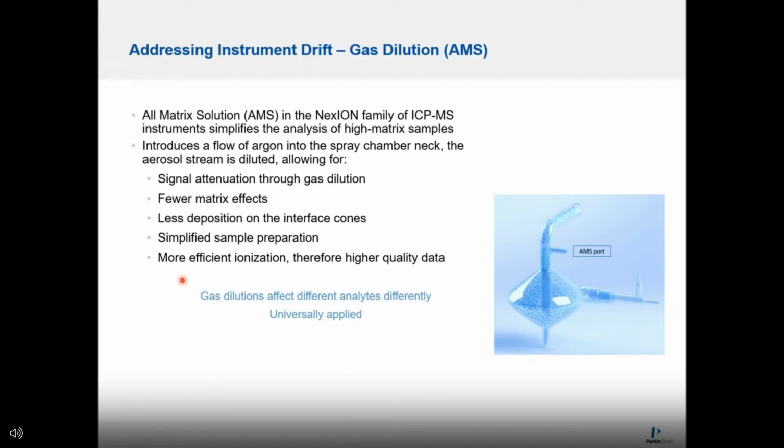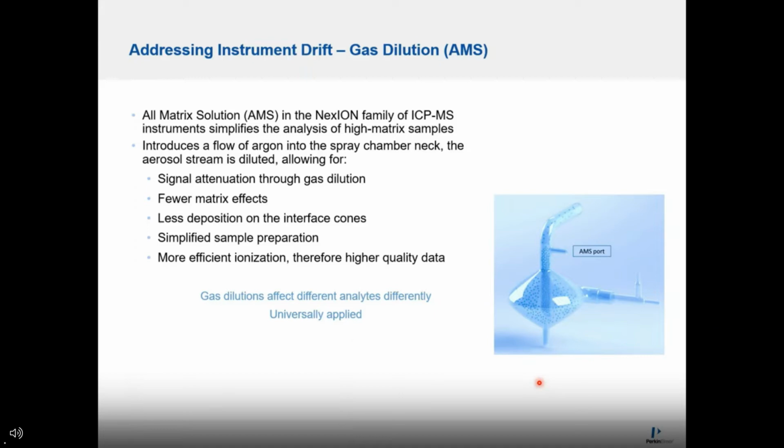We can handle this with the All-Matrix Solution, AMS, system in the NexION, which is a simple aerosol dilution capable of up to 200 times dilution. Now, maybe a lot of you are not aware, we have had this capability of adding dilution gas since the Elan era.